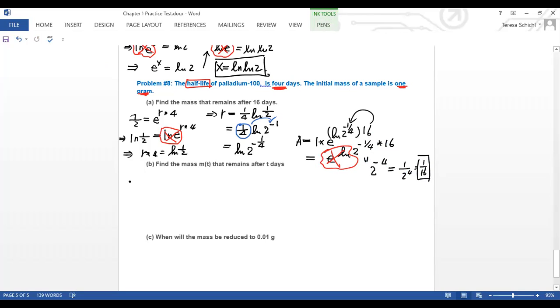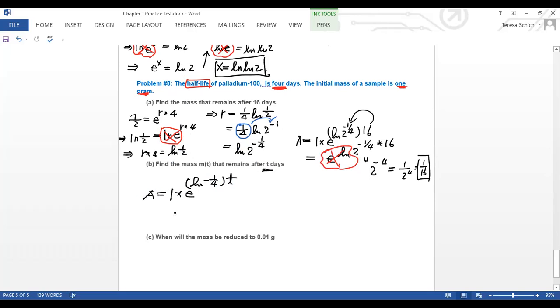Okay, then part B, let's say find the mass after t days. So basically they wanted us to find the general formula we already did from part A. So you say A is equal to Pe^(rt), P is 1, then rt is the natural log of 2 to the negative 1/4, and times t here, that's right.